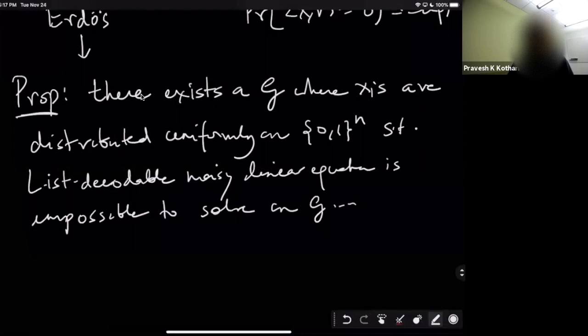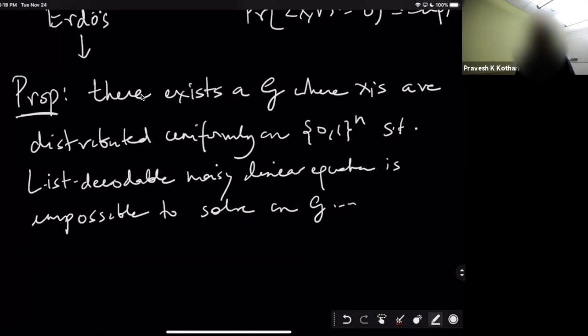Any list has to have a size that grows with the dimension if you want to solve the list-decodable noisy linear equation problem for good sets where the x_i's come from one of these discrete distributions. So you can think of this proposition as saying that anti-concentration is not only something that we pulled out of our hats, but also looks necessary.